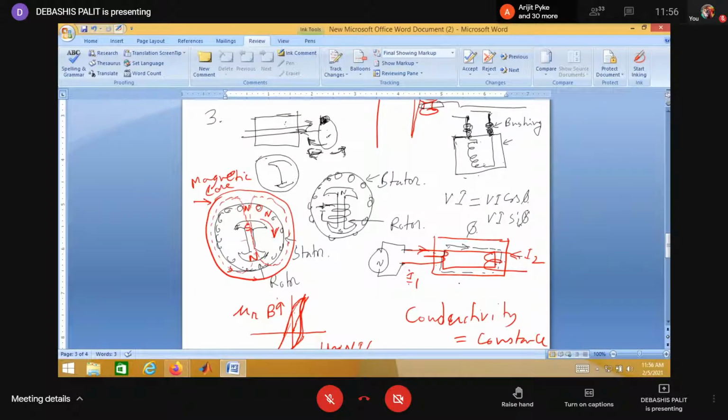But a pure inductor is impossible to find. In an inductive coil there must be some little bit of resistance. That resistance will waste some amount of power, and it appears as I square R loss.